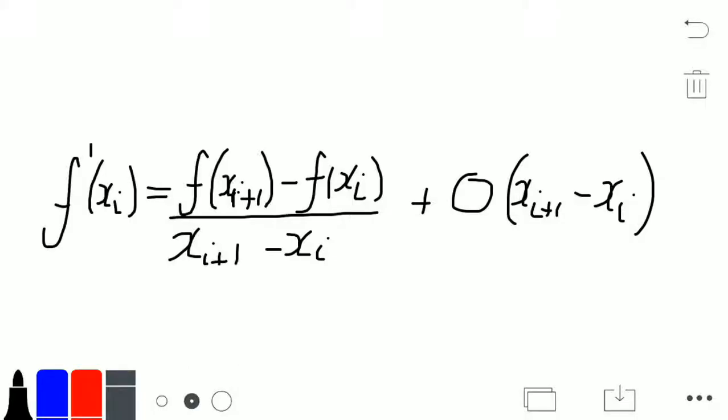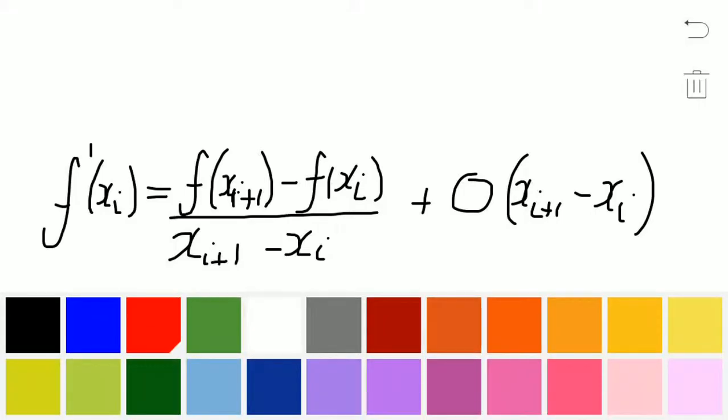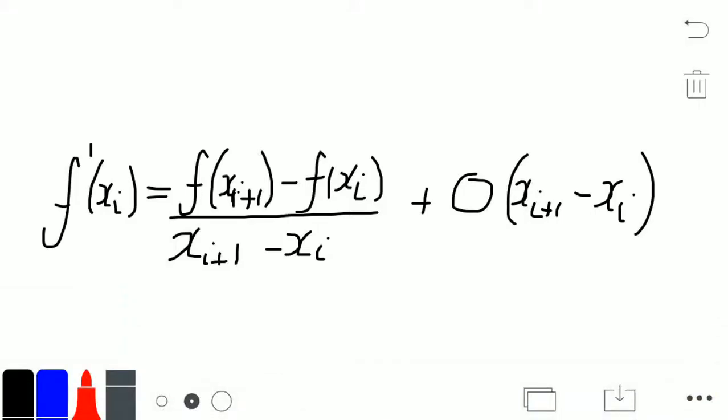So from our previous examples, we had been defining the derivative of f at some point xi equal to the difference between the following point and the current point divided by our step size plus some remaining error term.